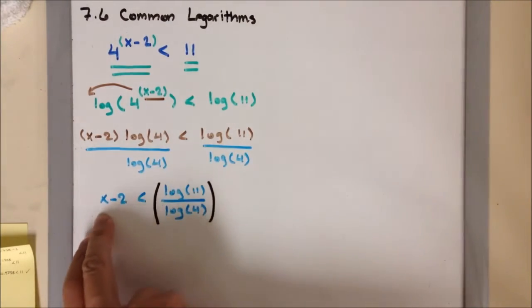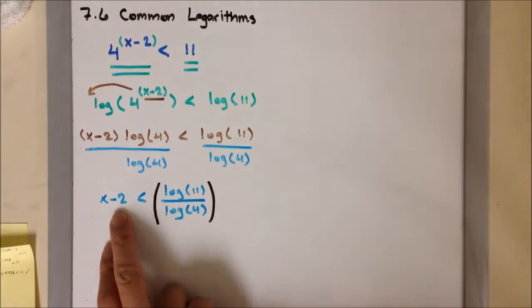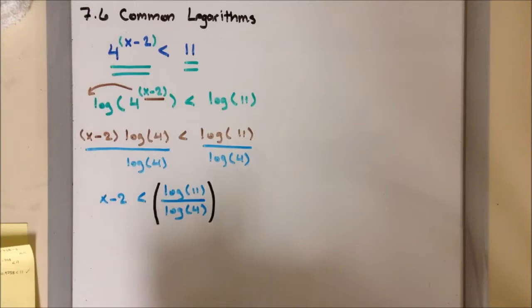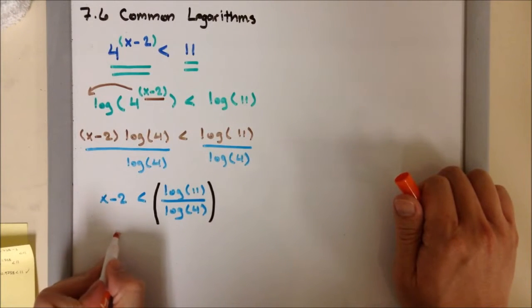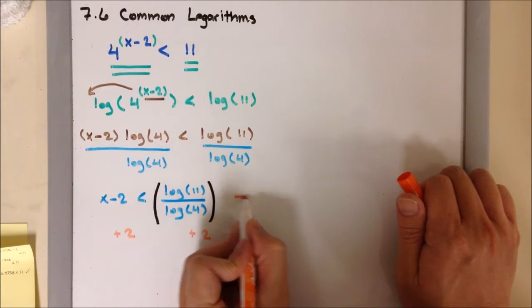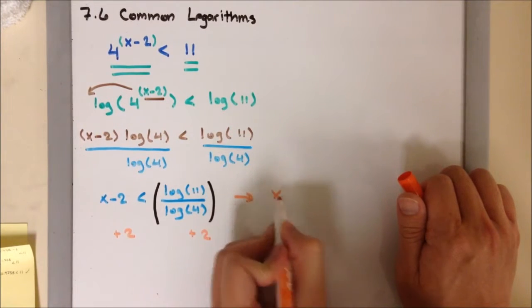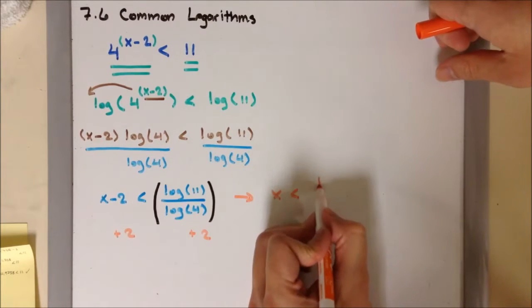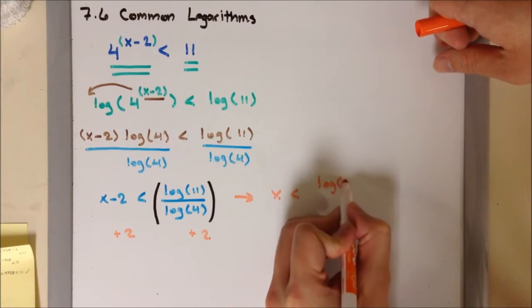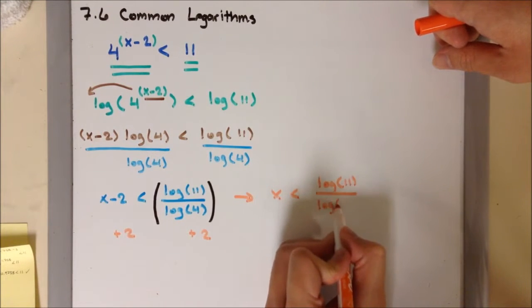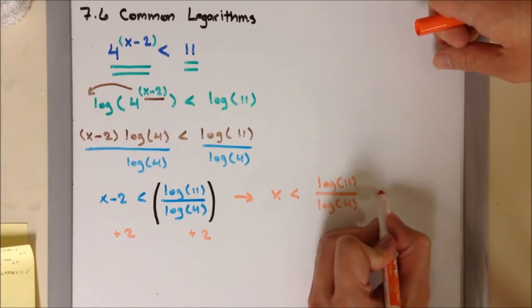Now to get x by itself, I want to cancel out the minus 2. So in order to cancel out the minus 2, I'm going to add 2 to both sides. So what I'm going to have is x less than log of 11 over log of 4 plus 2.